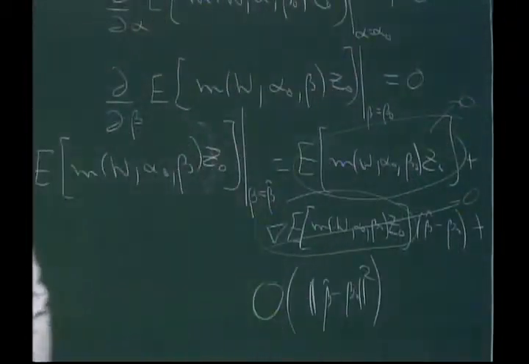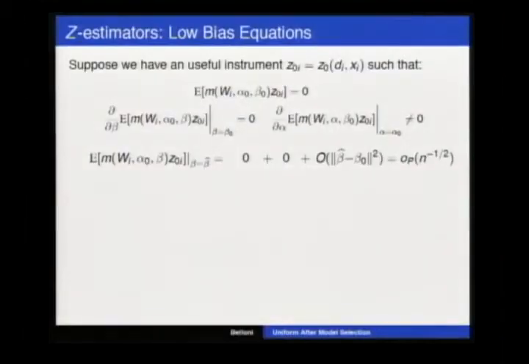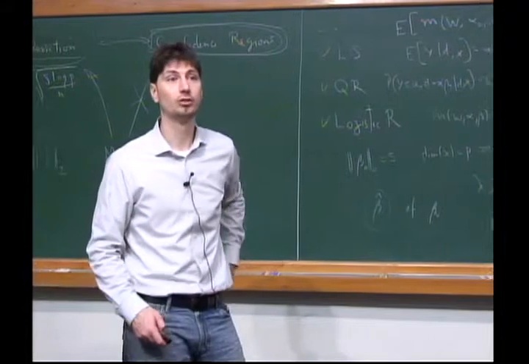So what this instrument allows us to do is to kill the first order bias, and we are left only with the second order bias. And as long as we can estimate beta hat at an n to the 1/4 rate, or faster than n to the 1/4, the whole bias is actually smaller order than root n, and so it will not affect my first order asymptotics.